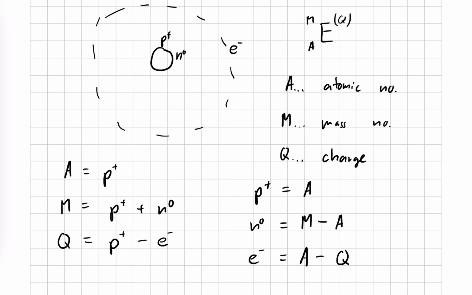So that means if the charge is negative, then let's say the atomic number is 5. That means you have 5 protons, and the charge is -1. That means we do 5 minus -1, that's +1, that means we have 6 electrons. That means if we have 6 electrons and 5 neutrons, and 5 protons, the difference will be 1 electron more, so the charge will be -1 because electrons are charged negatively.